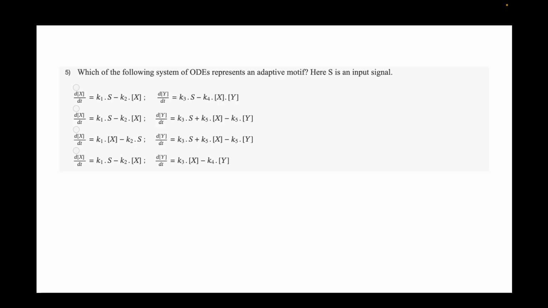What is meant by adaptive motif? An adaptive motif is basically when the steady state of one variable is independent of the other.